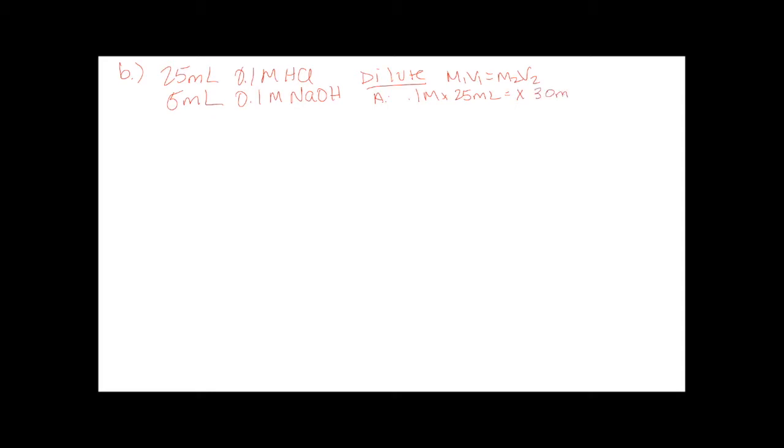Final volume here is 30 mL. And then for the base, I have 0.1 molar times 5 mL equals X times 30, because that's my total volume. And I get 0.083 and 0.017 molar.